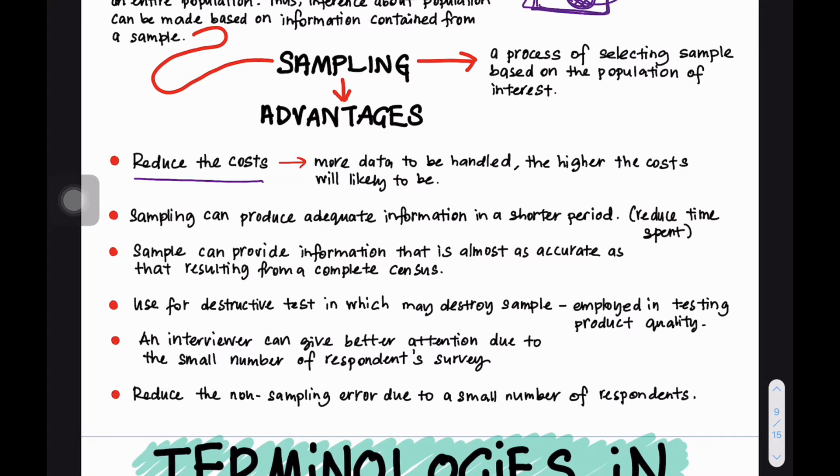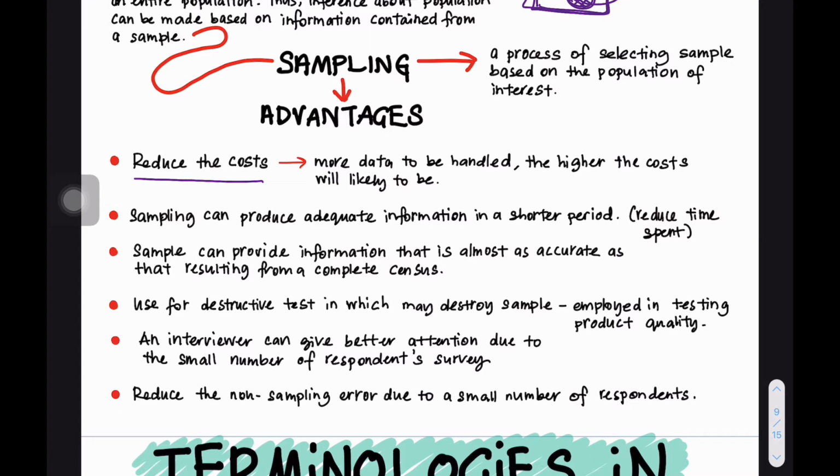Kalau kita nak ambil contohnya kita nak interview keseluruhan pelajar UiTM, so we need to travel to all state dalam Malaysia ni untuk kita interview seorang-seorang. Okay, it will cost us higher compared to if we go to only one campus contohnya. So bila data semakin banyak, dia akan menyebabkan cost semakin tinggi. So bila kita buat sampling, kita akan reduce the cost. Itu adalah advantages yang pertama.